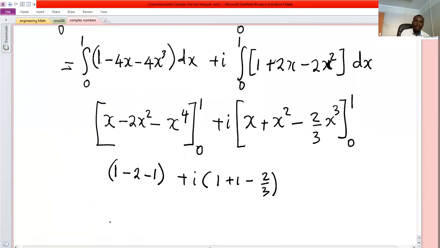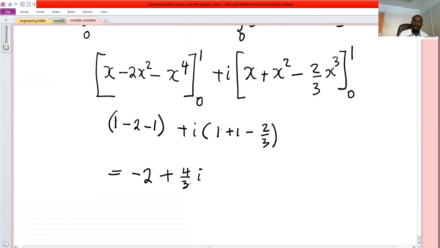Which will give us 1 minus 2 minus 1, just minus 2. 1 plus 1 minus 2 over 3, 2 minus 2 over 3, which is 4 over 3. So plus 4 over 3 i. So that will be the answer to the second part.